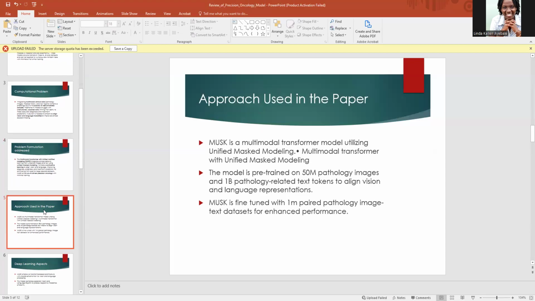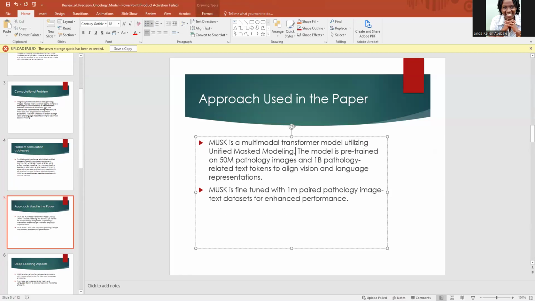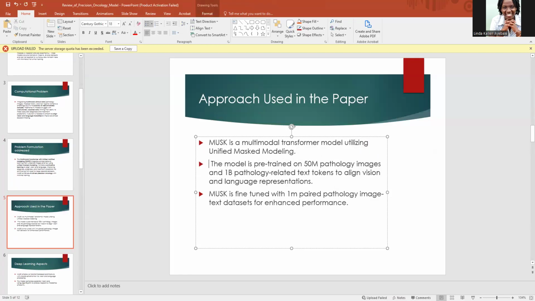The approaches used in the paper: MASK is a multimodal transformer model which utilizes unified masked modeling. The model was pre-trained on 50 million pathology images and 1 billion pathology-related text tokens to align vision and language representations.